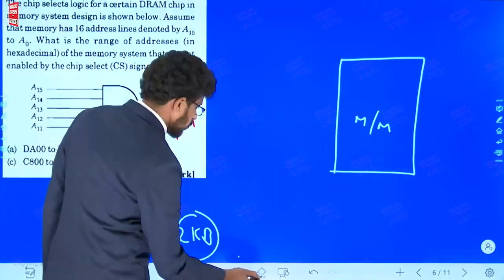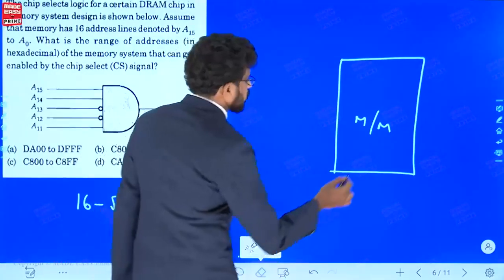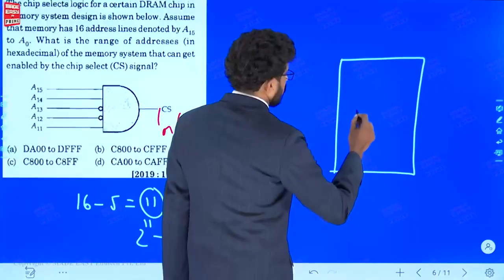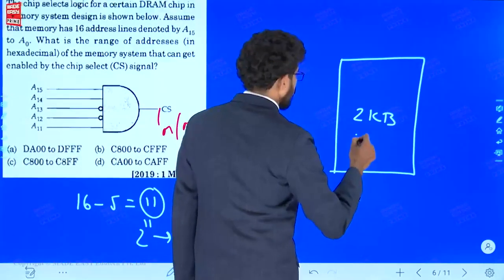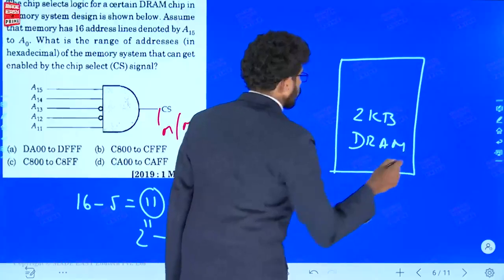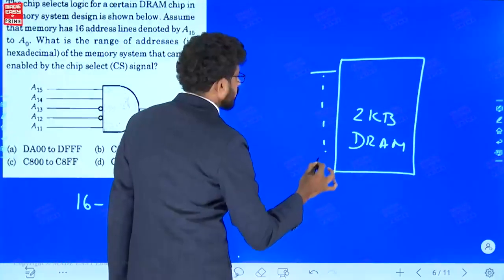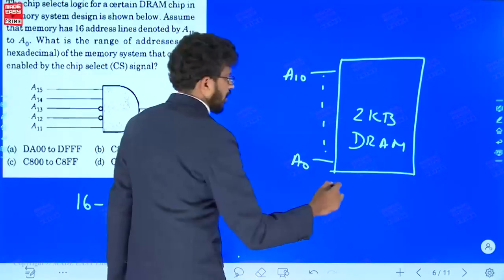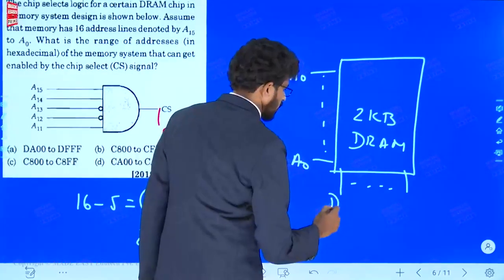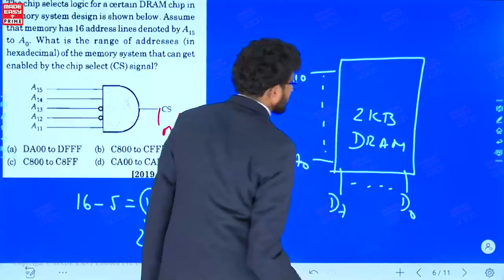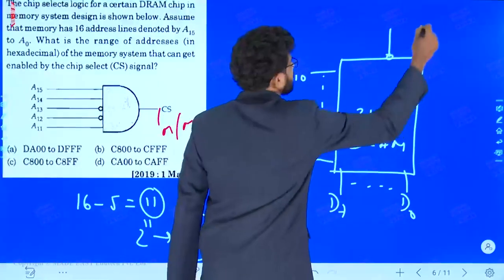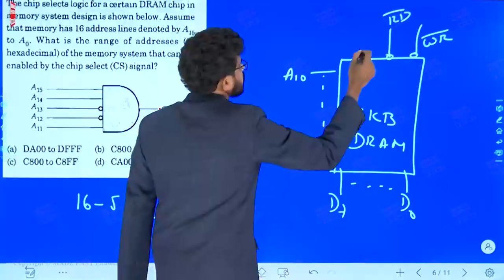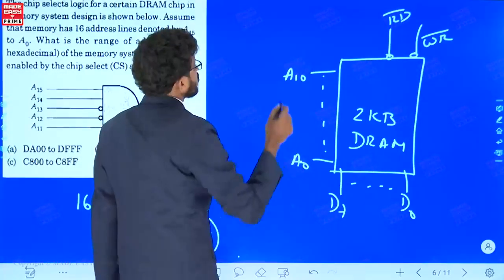So, it is a 2 KB DRAM chip. So, 2 KB DRAM chip should have how many address lines? 11 lines, A0 to A10, and by the way, it is a read write memory, so it will have D0 to D7. It will also have a read signal and a write signal, and the chip select is connected through this decoding logic.